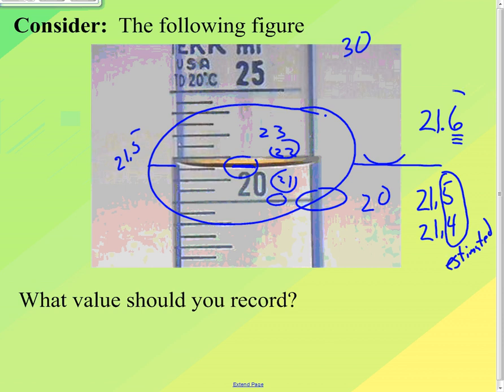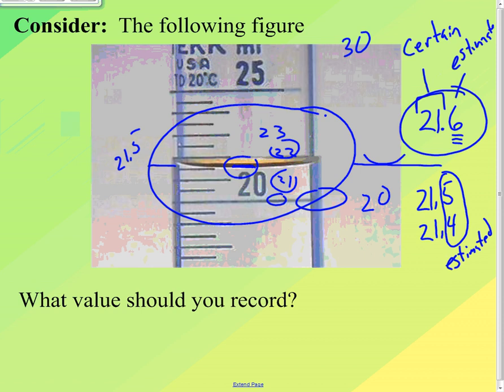I write down 21.6. Now, what does that mean? That means I am absolutely certain, and I'll bet with my life that it is at least 21, that the 20 is absolutely correct and the 1 is absolutely correct, and I'm just going to estimate that it's 0.6. Okay?